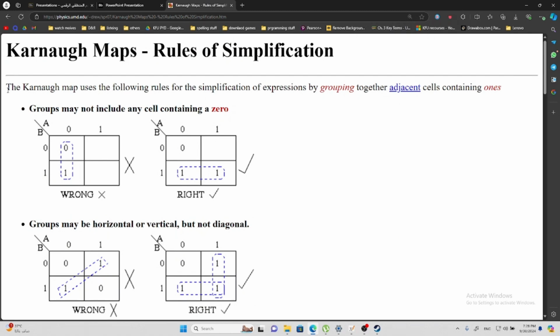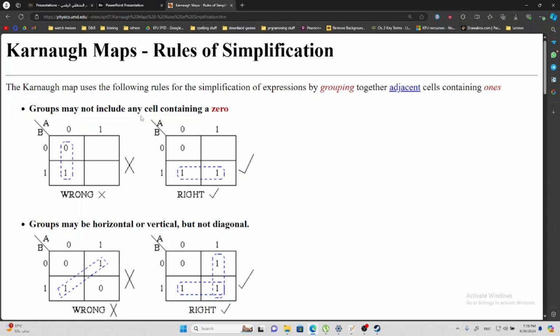So the first rule: a group may not include any cell containing 0. It means that when you are grouping two elements, which is the purpose of K-maps at this stage, we need to group these elements together to create the function.